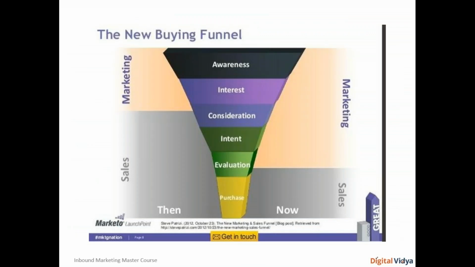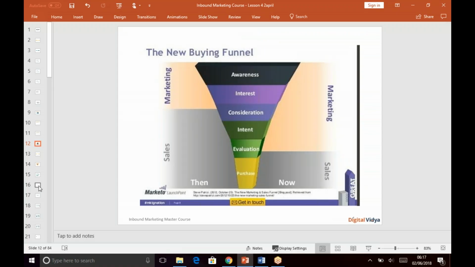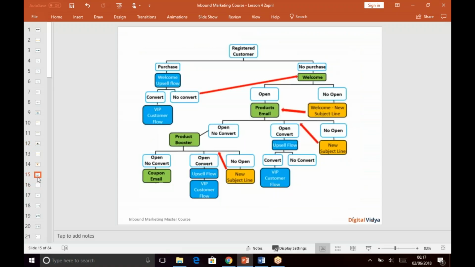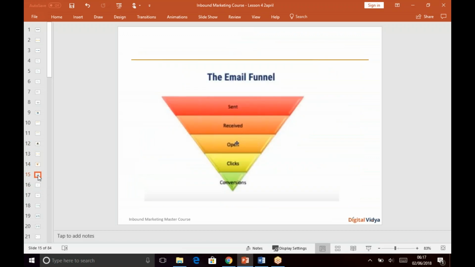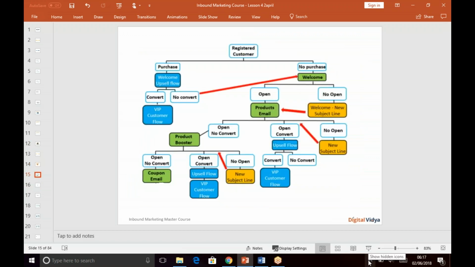So when I was talking about workflows, I just wanted to give you a view of what a typical workflow looks like, and what workflow you build in the beginning.